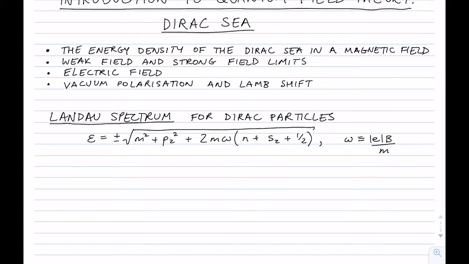Oh, and I need a density of states as well. That again comes from the non-relativistic formula. The number of states per volume is eB over 2 pi squared times pz.